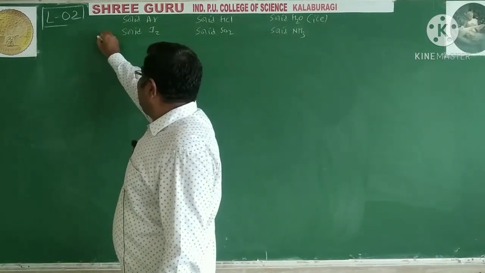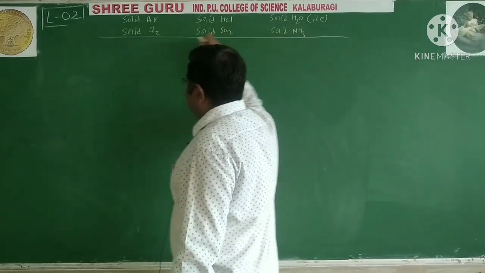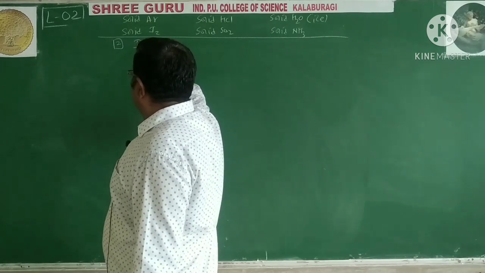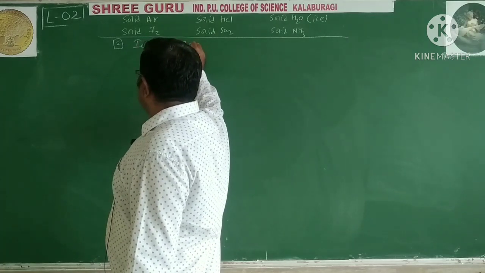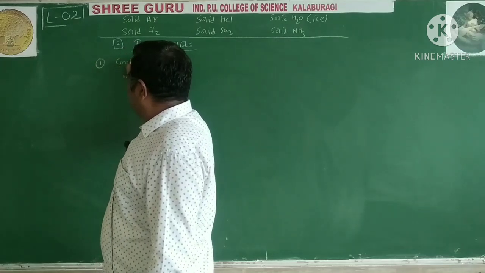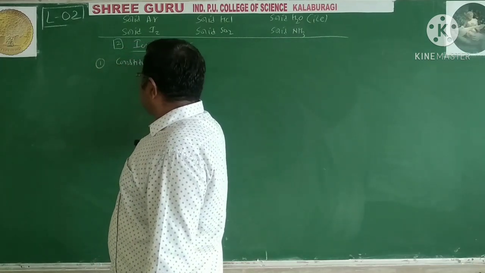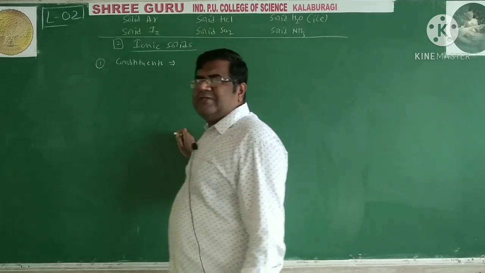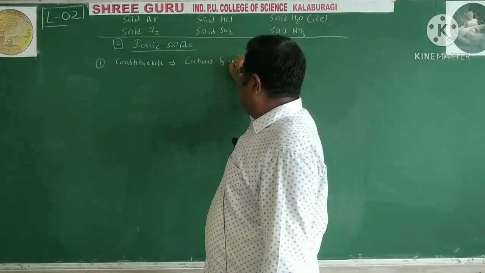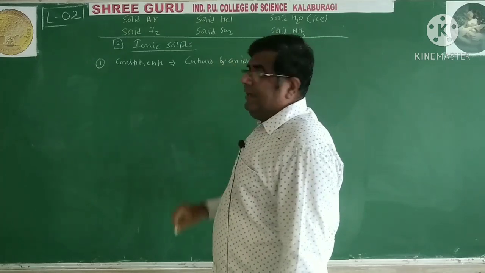So the second type of solid we are learning now is the ionic solids. We can say constituents of these ionic solids are cations and anions.